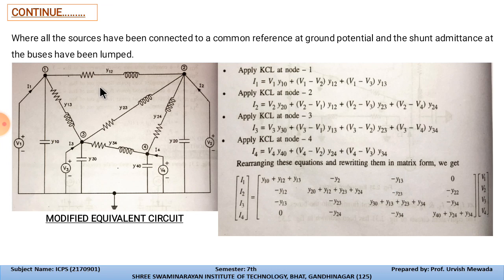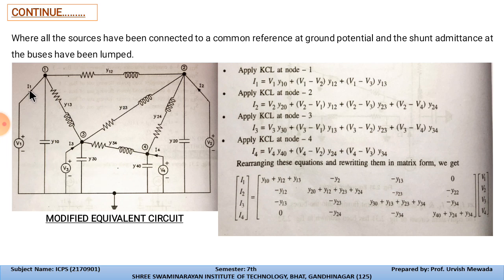In this we have drawn all the links between the nodes, which form between each generating station. So this is the modified equivalent circuit where all the sources have been connected to a common reference ground.